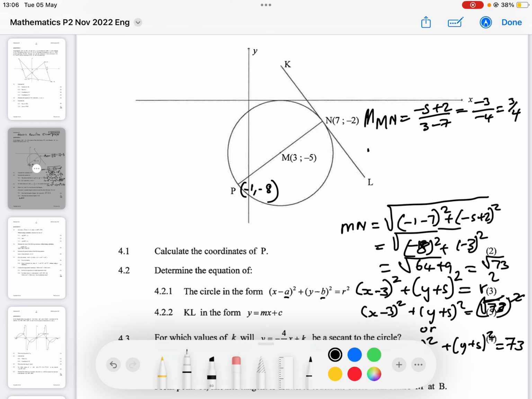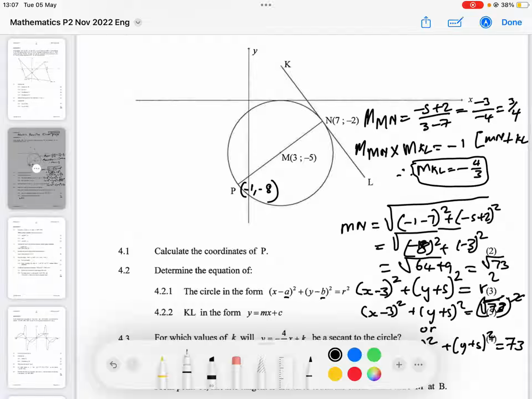Now the gradient of MN, when you multiply with the gradient of KL, must give you negative 1. The reason is that MN is perpendicular to KL. So the gradient of KL will be the negative reciprocal, negative 4 over 3. That's the gradient of KL.